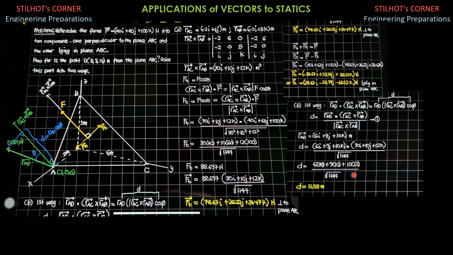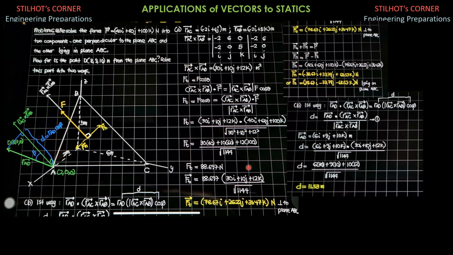It is the absolute value of Ax1 plus By1 plus C all over the square root of A squared plus B squared. So the distance of a point from a plane is equal to the absolute value of Ax1 plus By1 plus Cz1 plus constant D all over the square root of A squared plus B squared plus C squared.